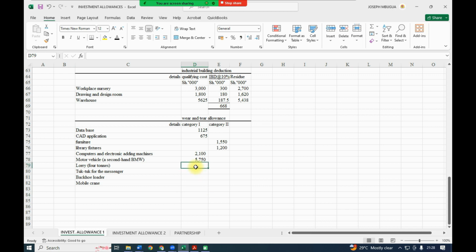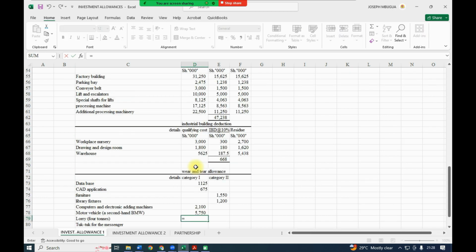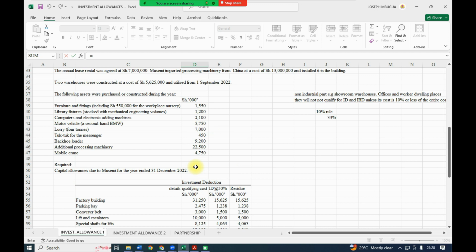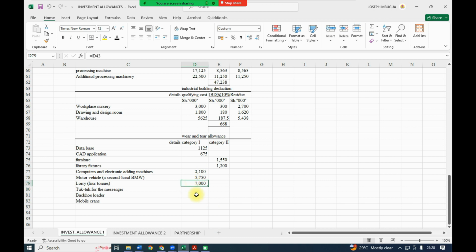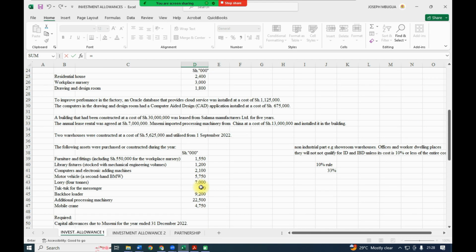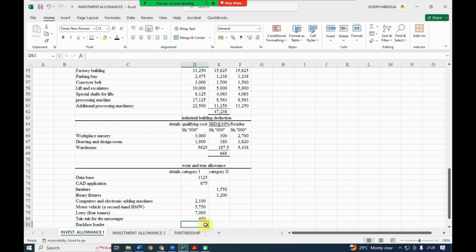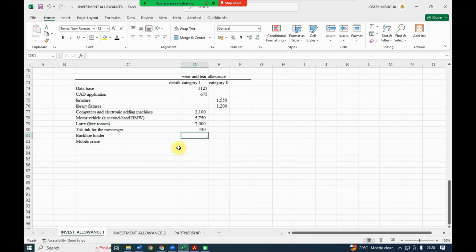The qualifying cost for the lorry was 7,000. Then the tuk-tuk was 450. The lorry for 4 tons is already included.